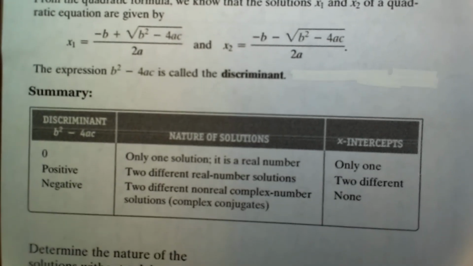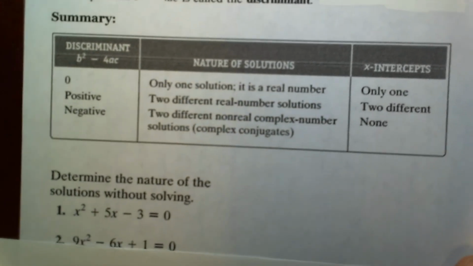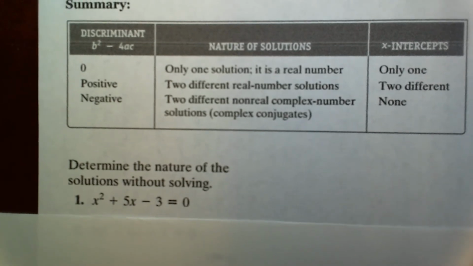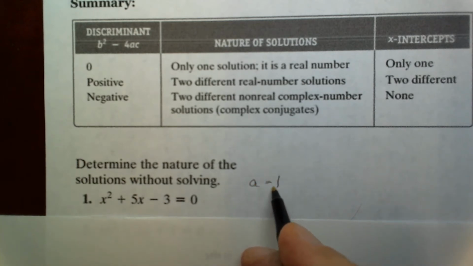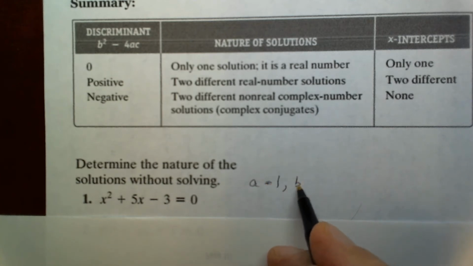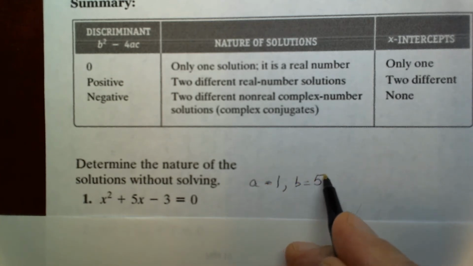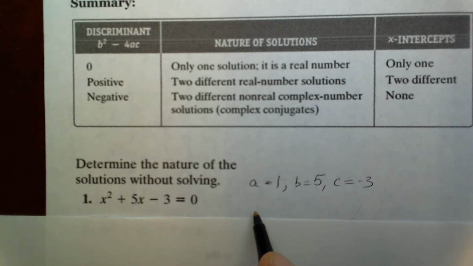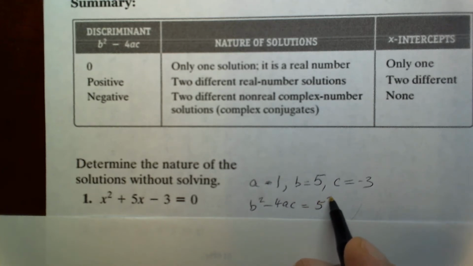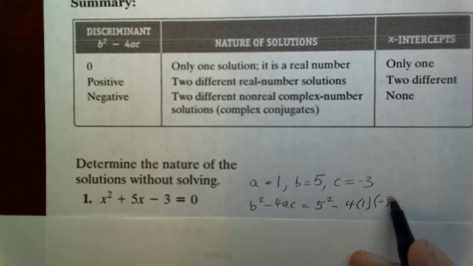So let's do some exercises about determining the nature of the solutions without solving the equations. In this example, a equals 1, b is equal to 5, and c is equal to negative 3. So b squared minus 4ac is equal to 5 squared minus 4 times 1 times negative 3.